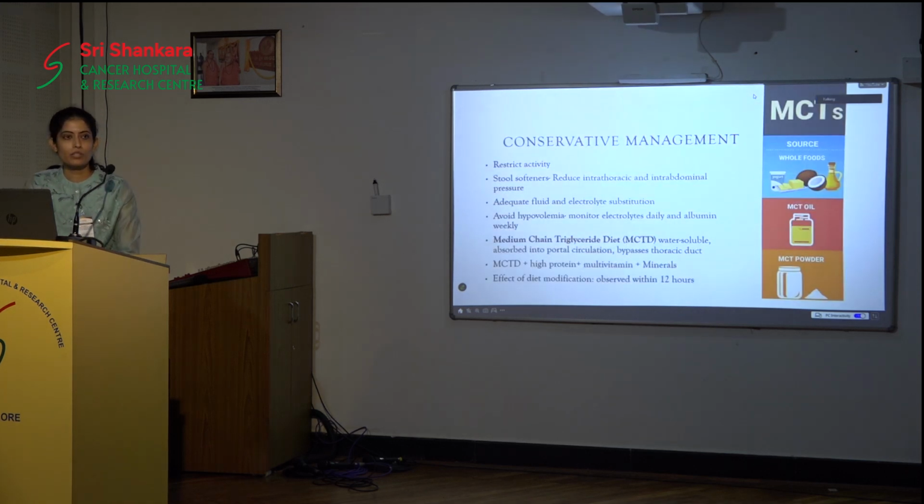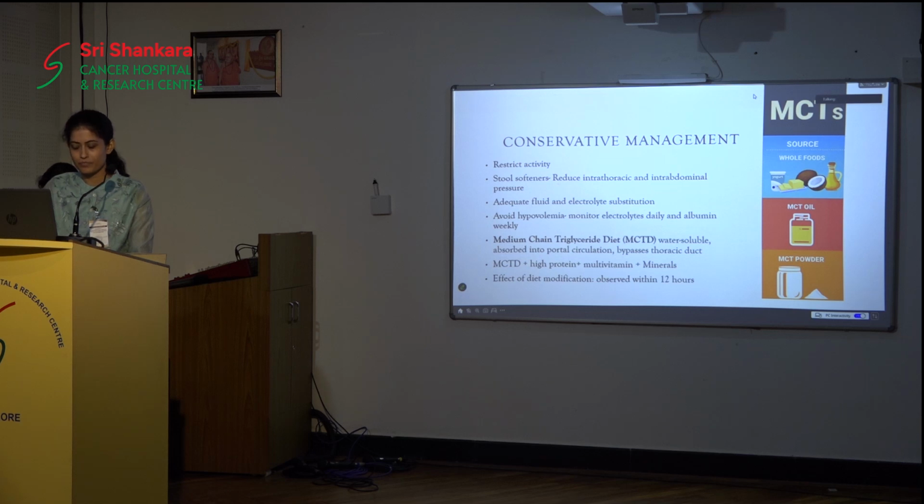The aim of conservative management is to decrease the rate of production of chyle and to give rest to the fistula so that it heals on its own. Ways to reduce the production of chyle are to modify the diet and to reduce increases in intra-abdominal pressure, by restricting activity and giving stool softeners.